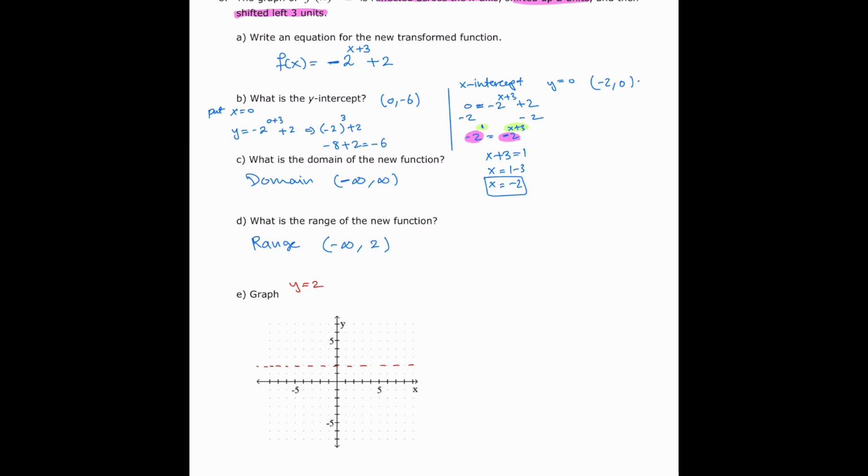So now we have the y-intercept, which is (0, -6), approximately here, and then the x-intercept is (-2, 0). So the graph of the function is going to look something like this, approximately. And that confirms our range and confirms our domain.